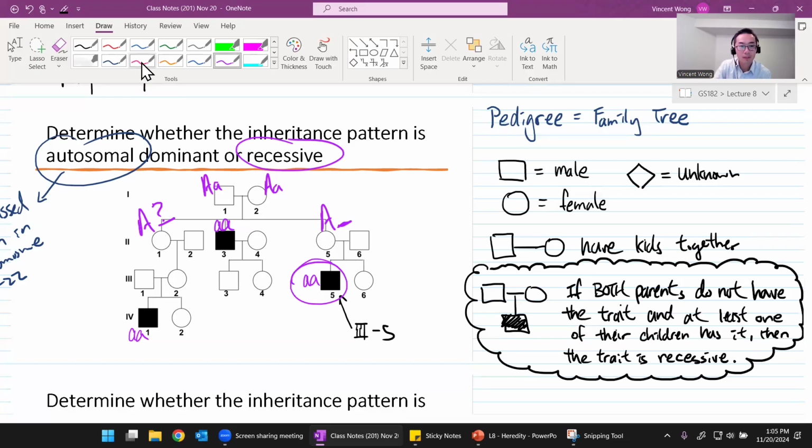So one of the little a must have come from the mother, and the other little a is going to be from the dad, right? So based on this, we can conclude she's definitely big A, small a. Does that make sense? Any questions?